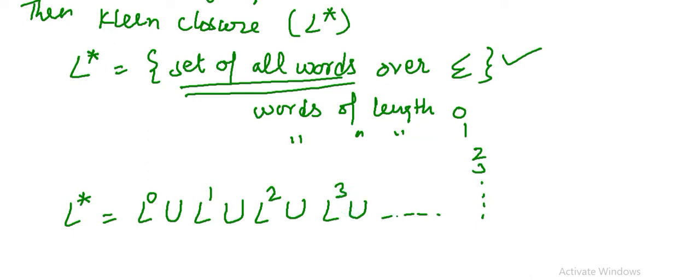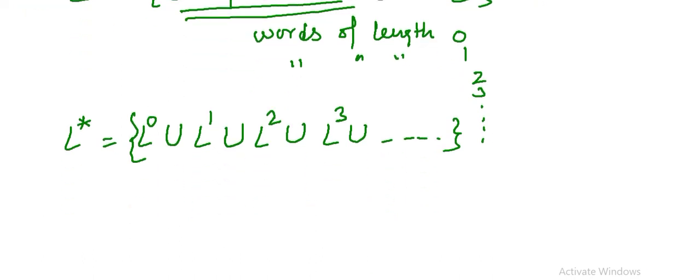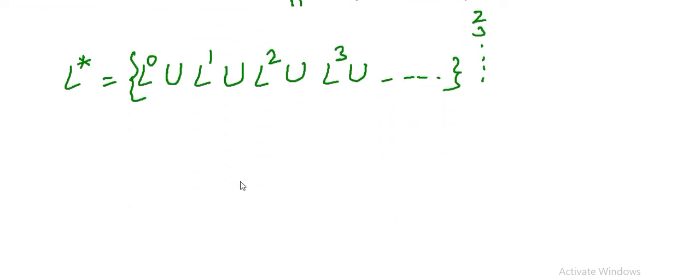So this is your Kleene closure. It is also denoted as the union of, let's say, some symbol k from 0 to infinity, because these are the combinations of all the languages starting from 0 to infinite.